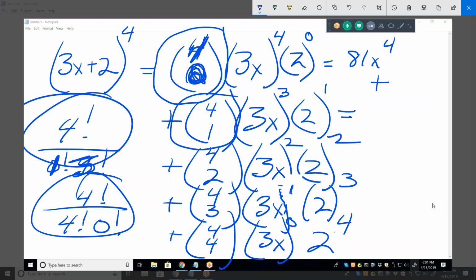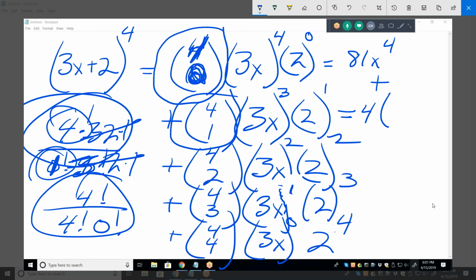The way these factorials work is that's 4 times 3 times 2 times 1. If I have a 3 factorial on my bottom, that's 3 times 2 times 1. You can cancel those out, so all I'm left with is 4 in the numerator and 1 in the denominator. So that's why that's 4. And so that would be 4 times what?